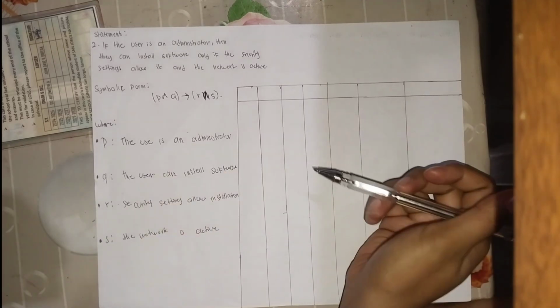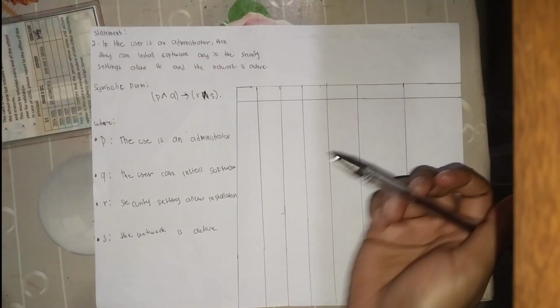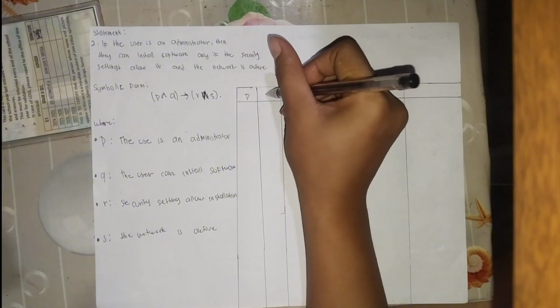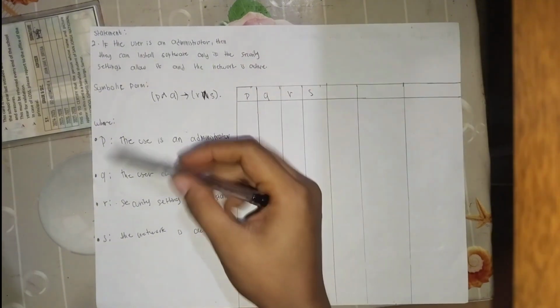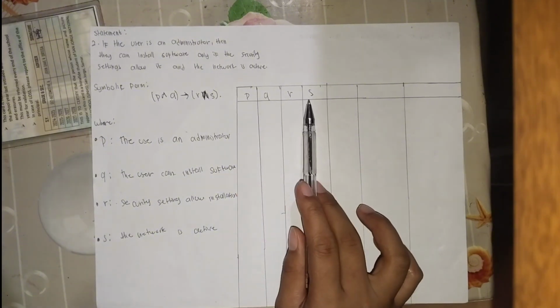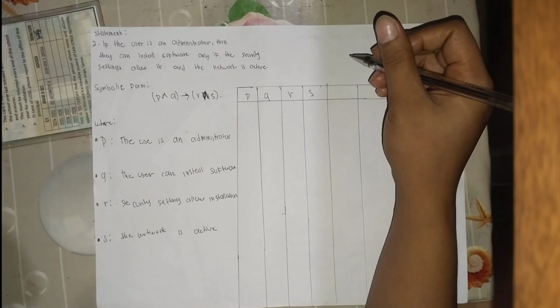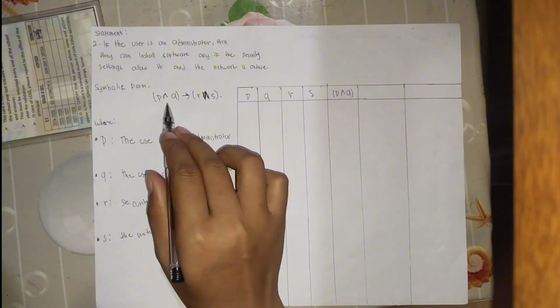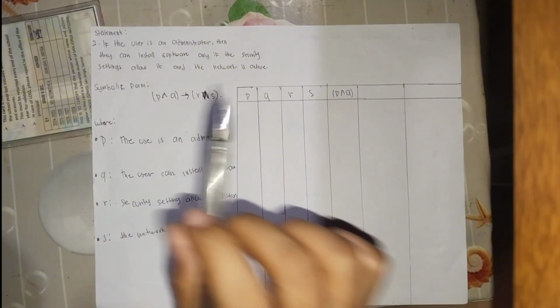So now let's walk through the truth table column by column. The first is the possible combinations of true and false for our variables P, Q, R, then S. These are our variables, so we will put in the truth table P, Q, R, and S. So next is P and Q. Remember, an AND is only true if both parts are true.